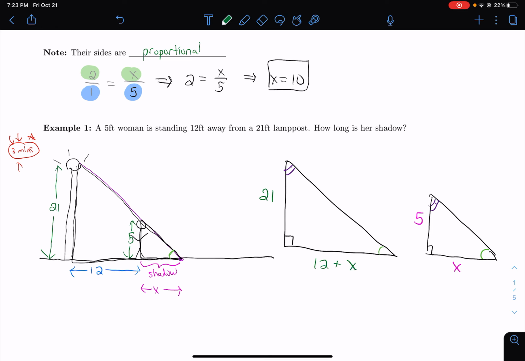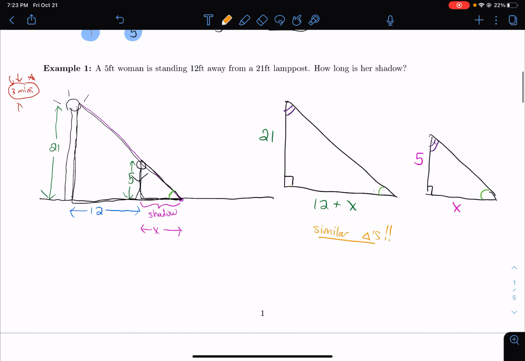Awesome. Because all three angles in the triangles have corresponding measures, we have some similar triangles. In general, if I can find two pairs of angles that are equal, the third pair has to be the same, and then they're similar.